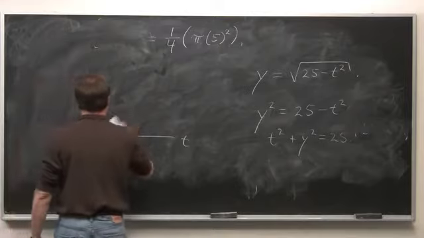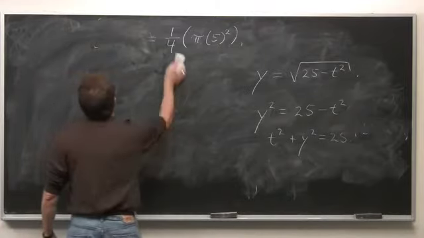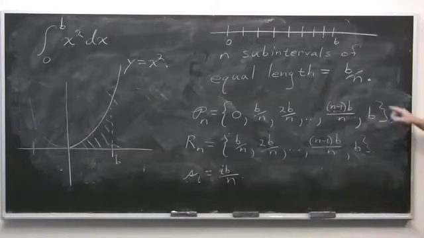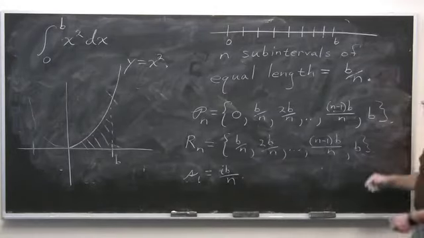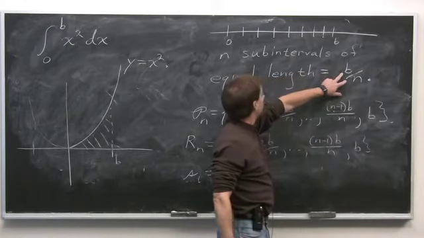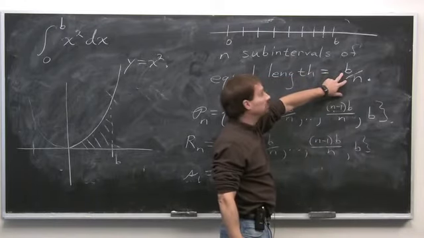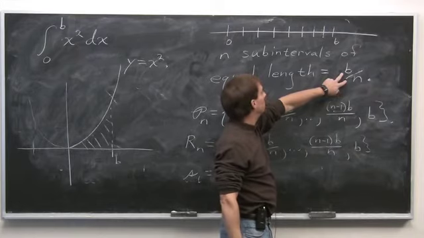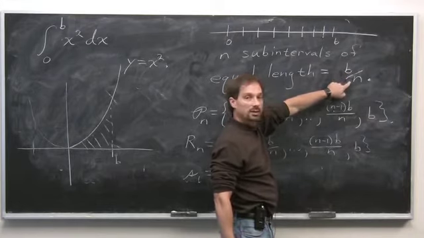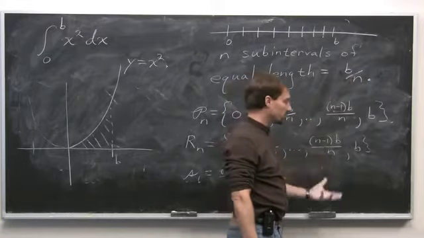We know that this will exist because we know the definite integral exists, and as n goes to infinity, certainly the length of every subinterval, so in particular the mesh of the partition, is approaching 0, because b is fixed and n goes to infinity.